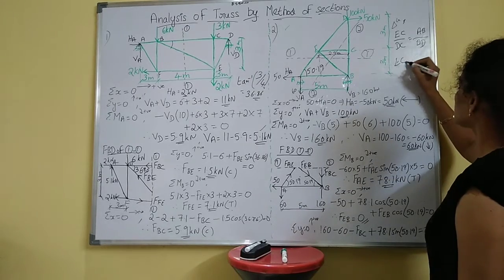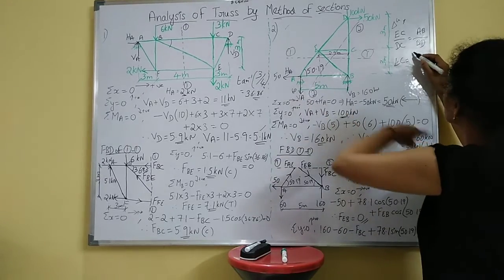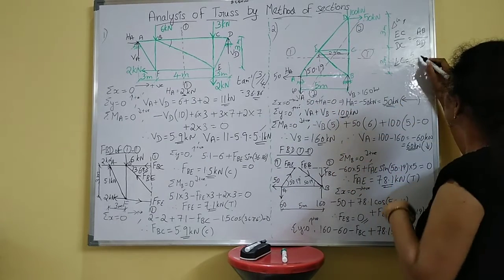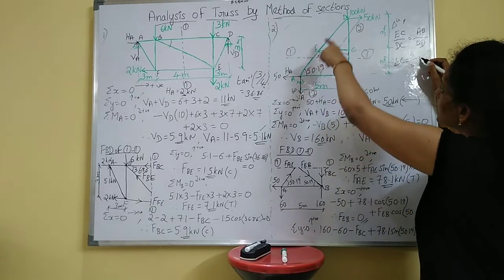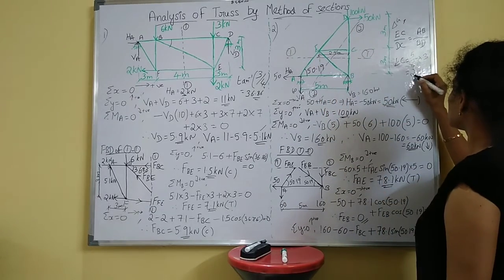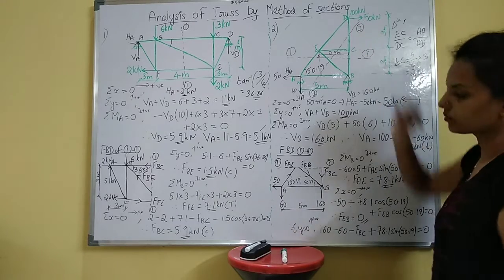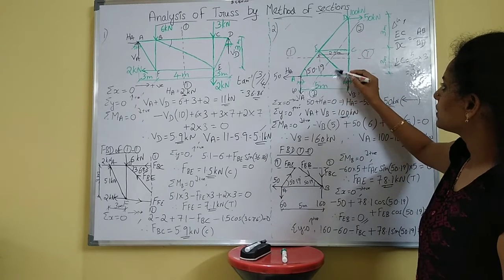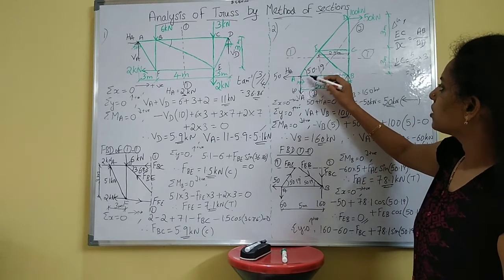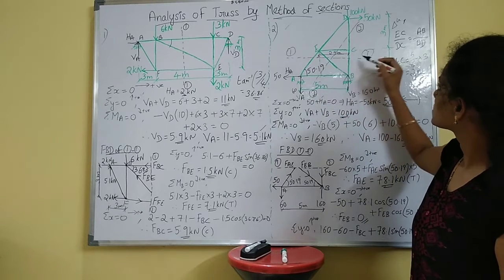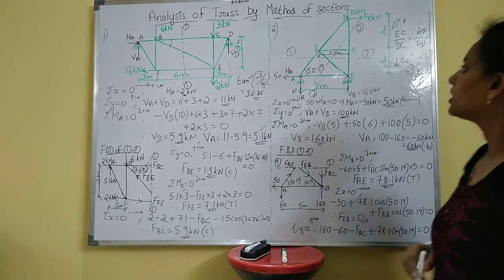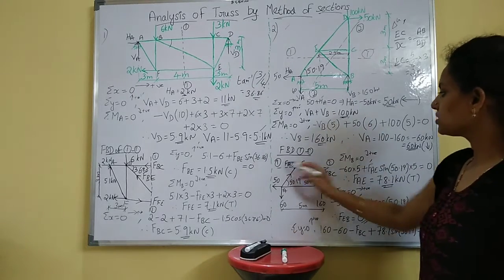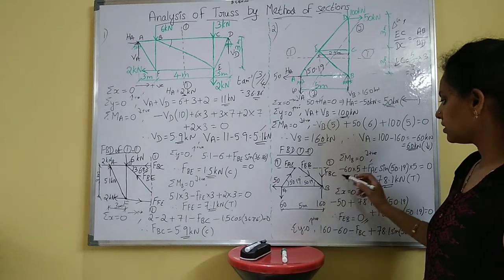Just find the value of EC: AB is 5 by BD is 6 into DC. DC is 3. You will get EC as 2.5 meter. Similarly, you can find this angle as tan inverse of 3 by 2.5. You will get 50.19. Just mark this on the 1-1 free body diagram as 50.19.